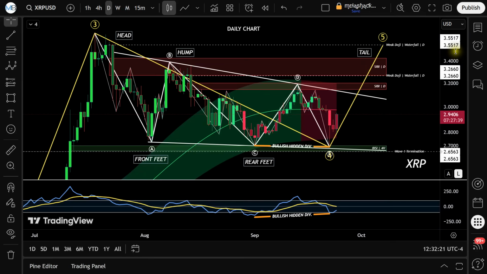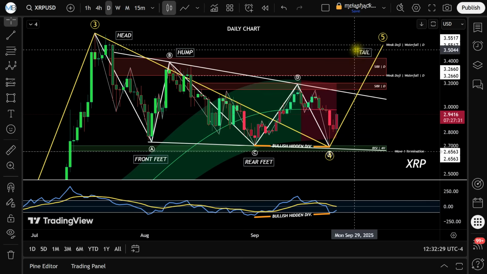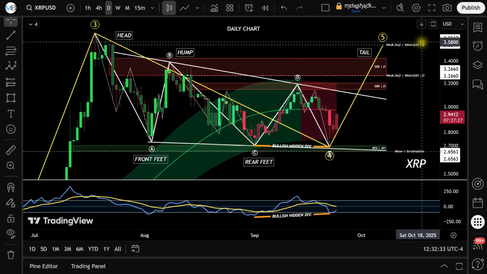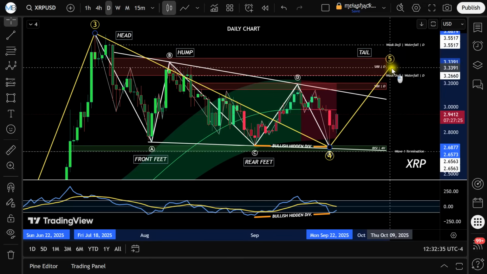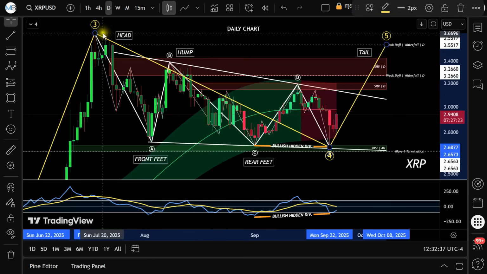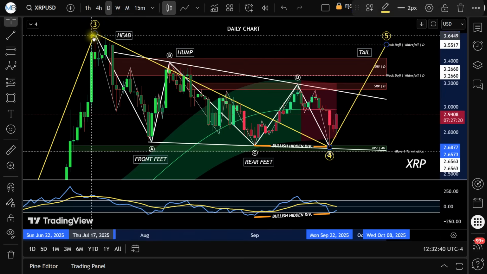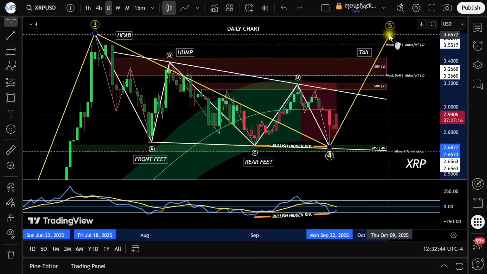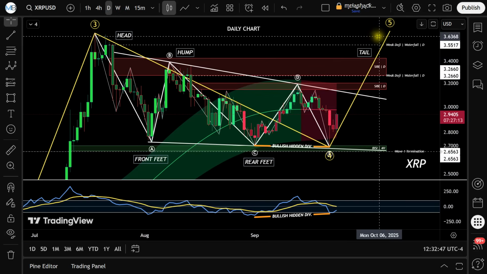Now, as I've talked about previously, I think there's a few options for this primary 5th wave that could occur. We could fall short, coming somewhere in the area of this weak doji waterfall right here with a truncated 5th, not taking out the previous high, which right now is the all-time high. We could sweep this high, completing the pattern.